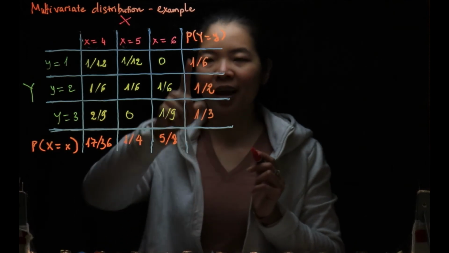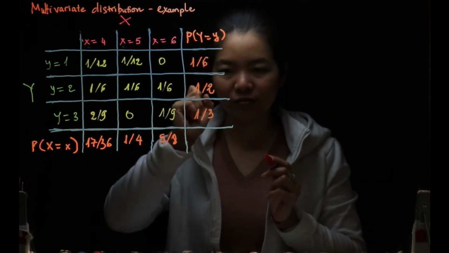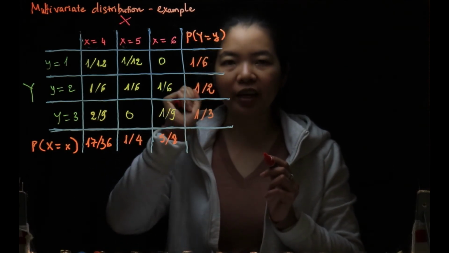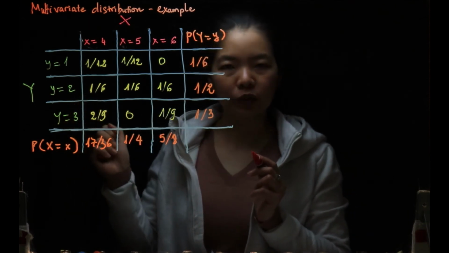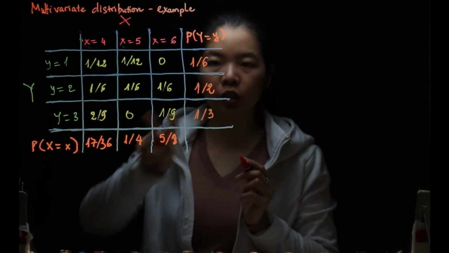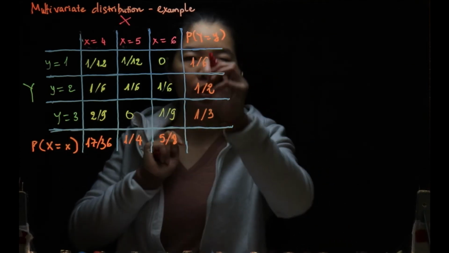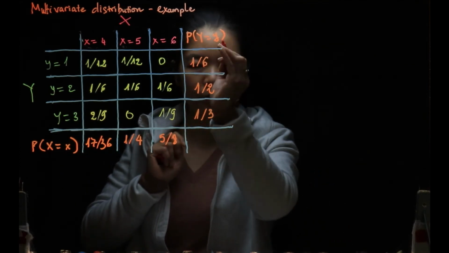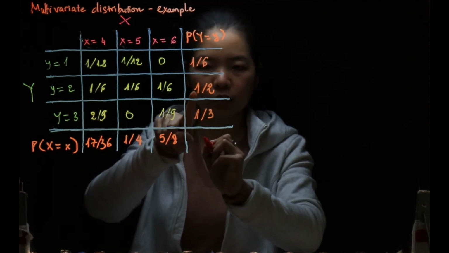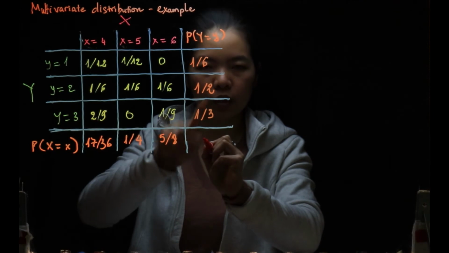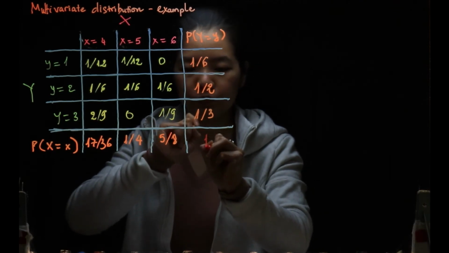Or, as the marginal distribution is nothing else other than considering one variable at a time, like we had before, we could actually also sum up this last row that we calculated now. 1/6 plus 1/2 plus 1/3 is 1.